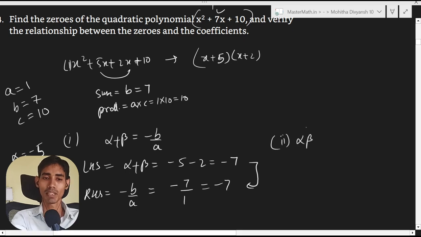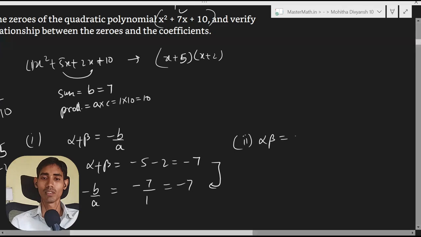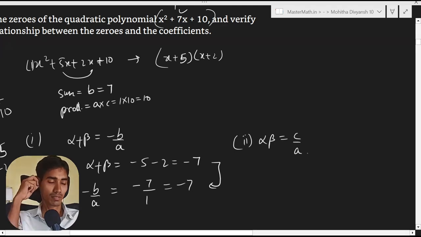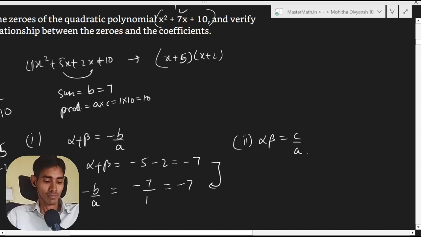Second is alpha beta is c by a. So just try that. Yes, sir, 10 is equal to 10.